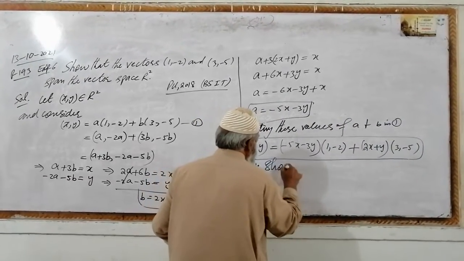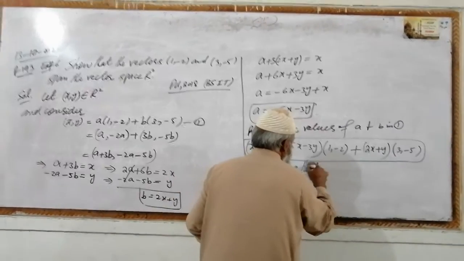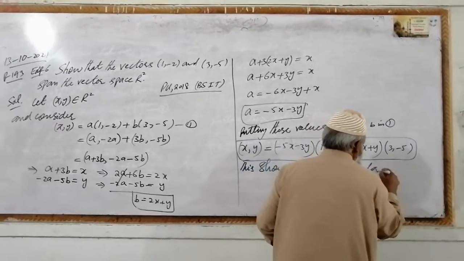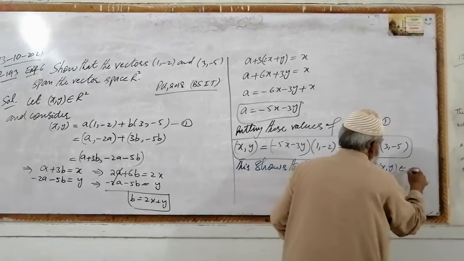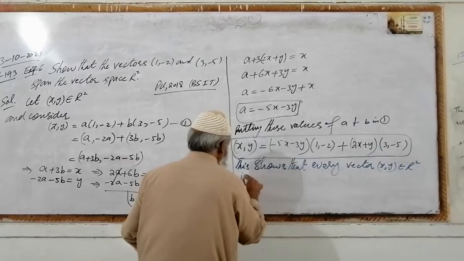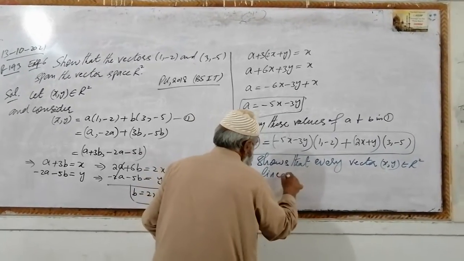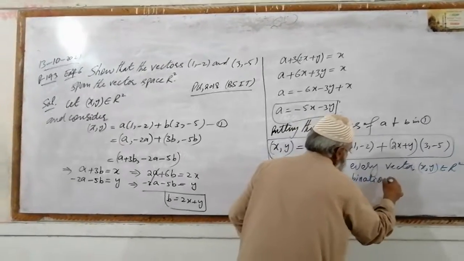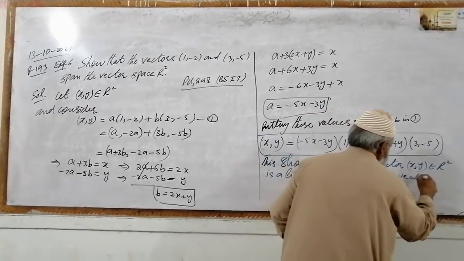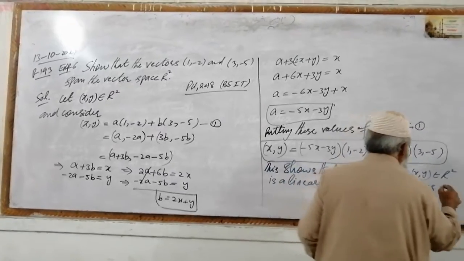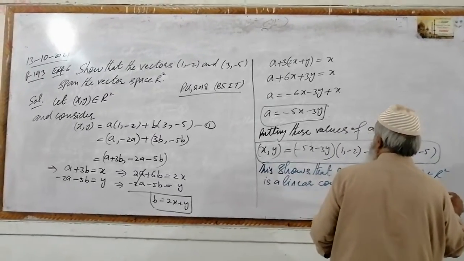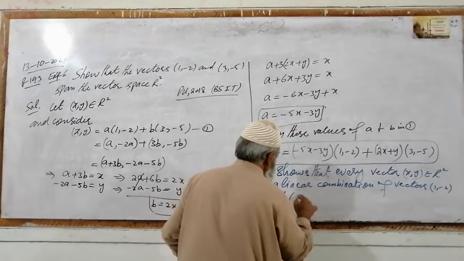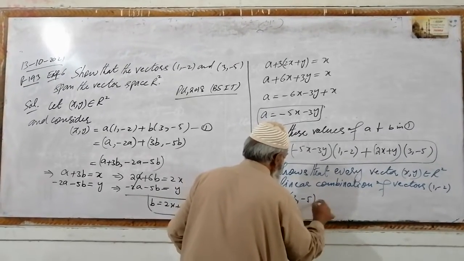This shows that every vector (x, y) belonging to R square is a linear combination of vectors, what are those two vectors? (1, -2) and (3, -5).